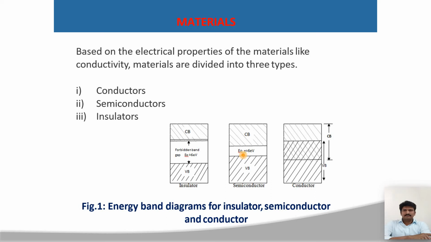Sometimes it acts like a conductor, sometimes it acts like an insulator, depending upon the temperature at which it is working. For the conductor, the forbidden energy gap is not there. It has the valency band and conduction band overlapping. So you can see this one.